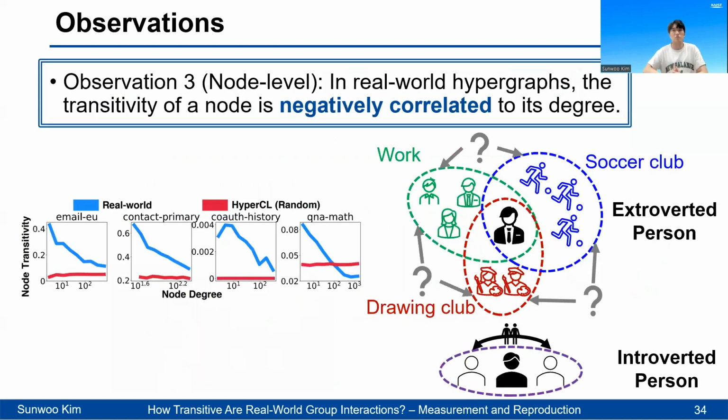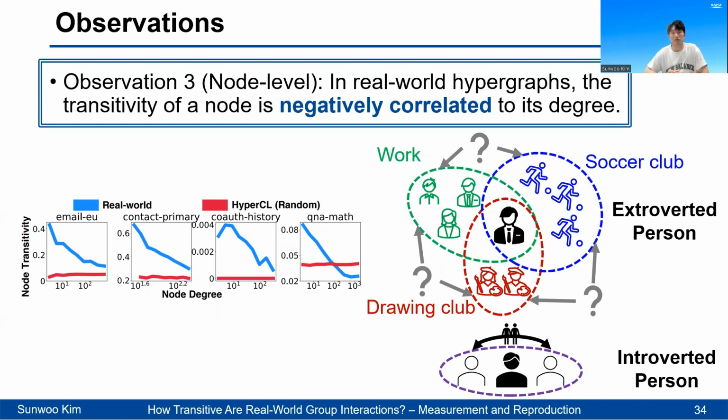The third observation is about the node level. In real-world hypergraphs, the transitivity of a node is negatively correlated with its degree. As you can see from the left-hand side figure, the down-to-the-right plots of real-world hypergraphs demonstrate such negative correlations. This result is also intuitive.